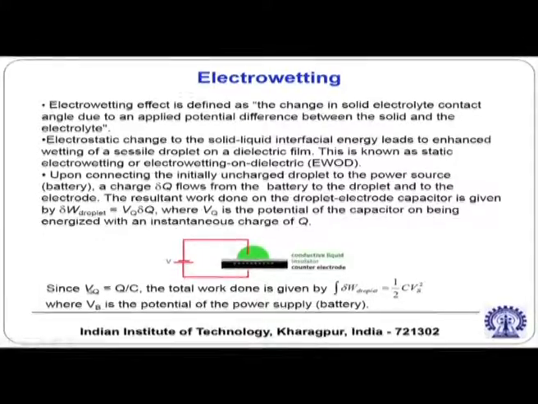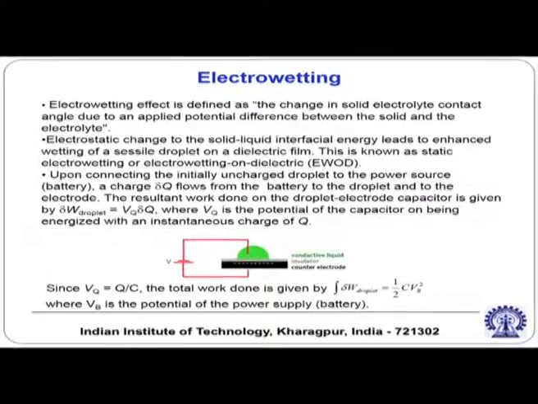Now the potential across the capacitor when there is a charge Q stored is Q by C, right. So in place of V, you can write Q by C and integrate this to get the total work on the droplet, which is half C into the final battery voltage squared.